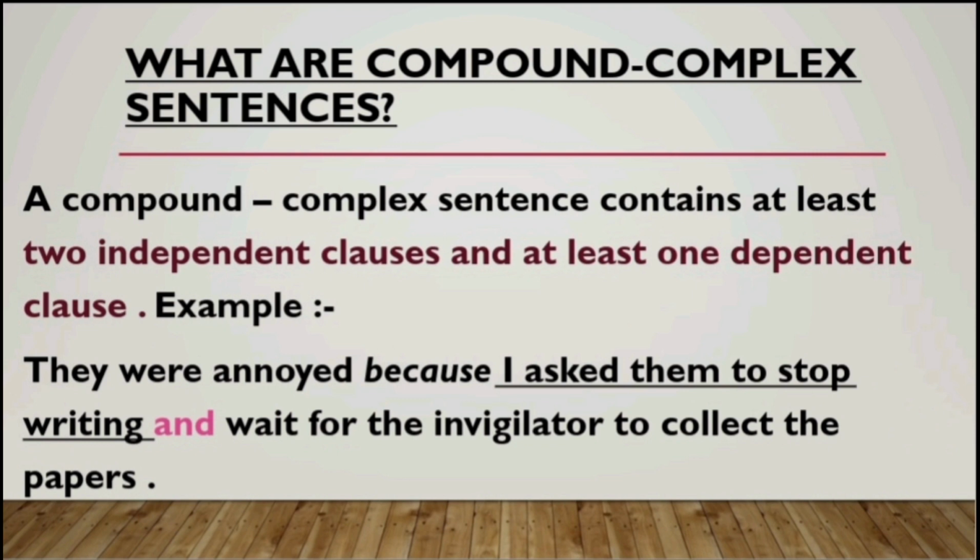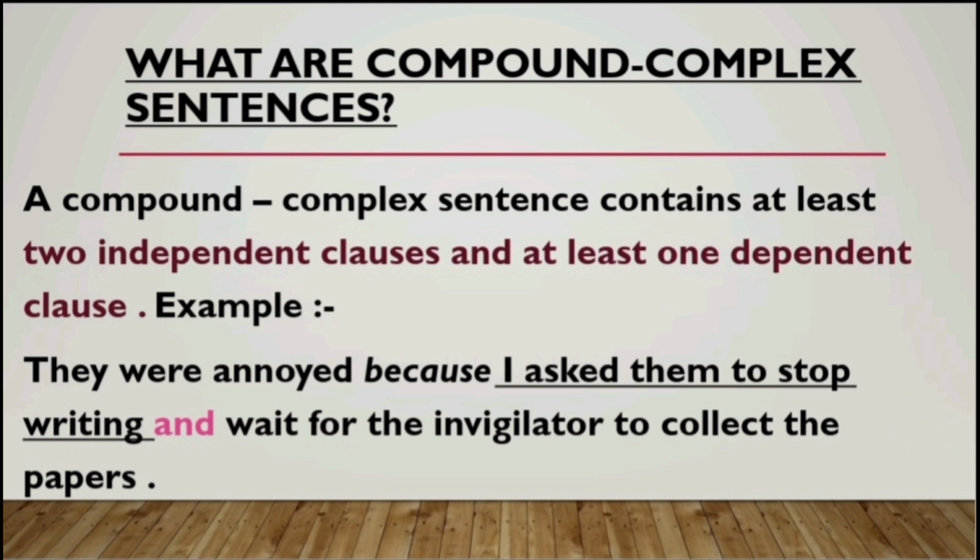It brings together both of these sentences, and they contain at least two independent clauses and at least one dependent clause. There could be more, but at least two independent clauses should be there, and there should be at least one dependent clause. So this is the composition of a compound complex sentence, right?